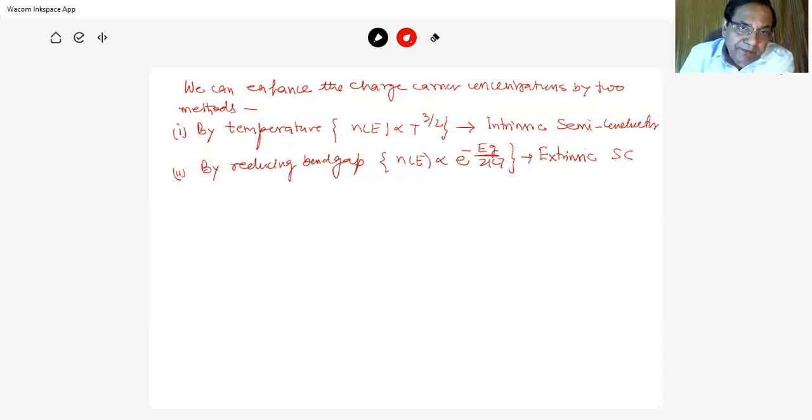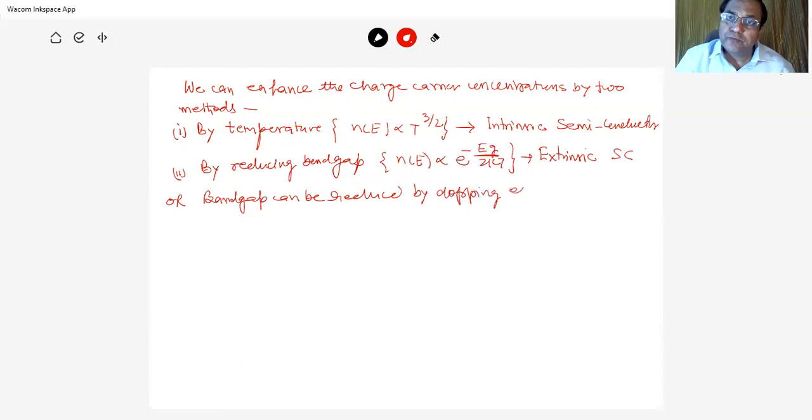It means the band gap can be reduced by doping of impurities.